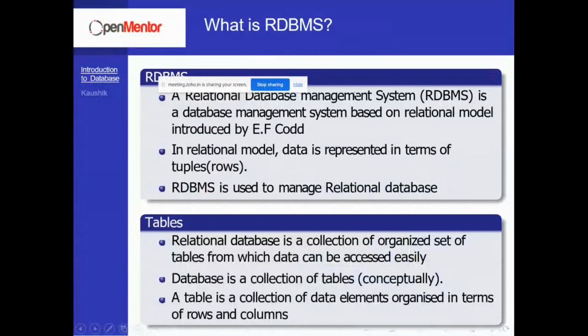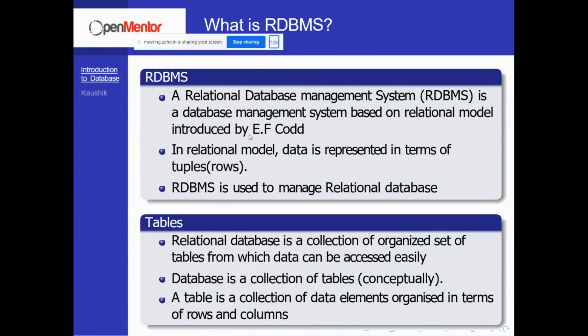An RDBMS, a relational database management system, is a database management system based on the relational model introduced by E.F. Codd. There's a scientist called E.F. Codd who framed the rules for a database management system. In a relational database, data is represented in terms of tuples, or rows.